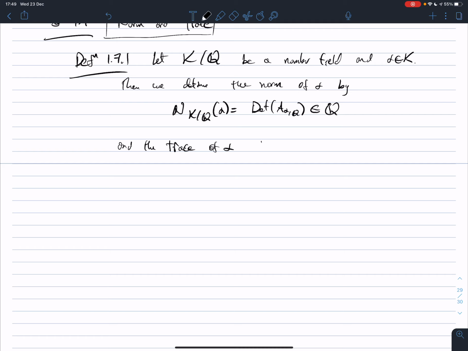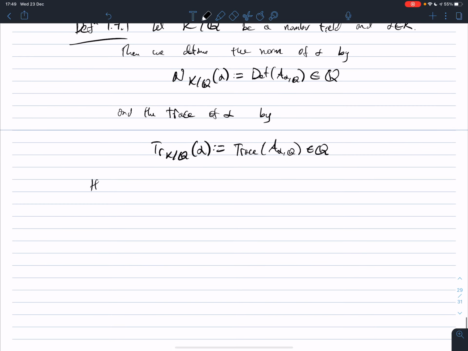And the trace of alpha is going to be this Tr K over Q of alpha. This is defined to be, this is what the symbol means, defined as the trace of A of alpha, which again, I should put the Q's to be precise, which is an element of Q. Here, let me just remind you, the trace of a matrix is the sum of the diagonal entries.